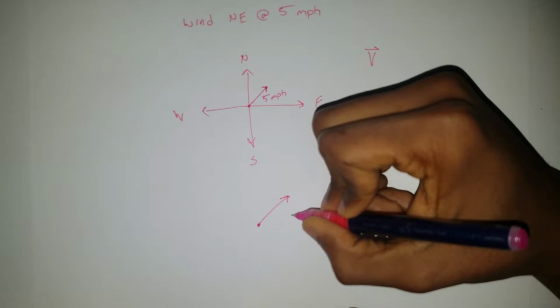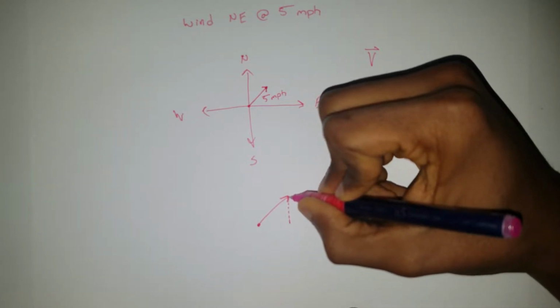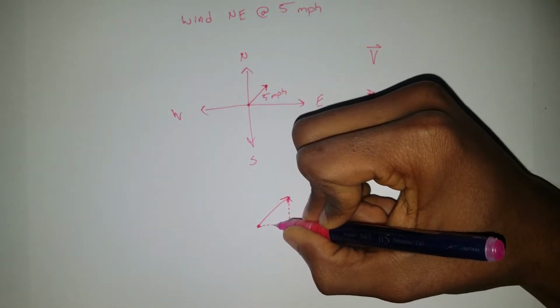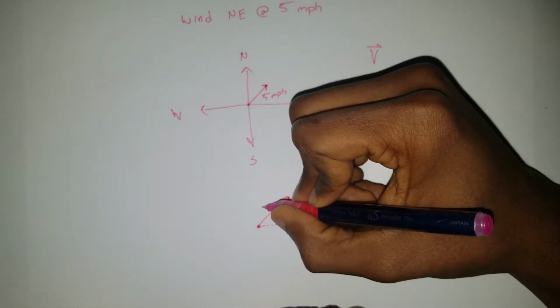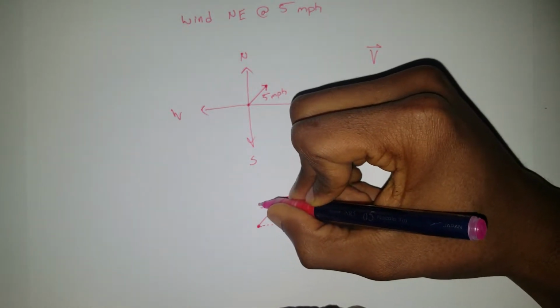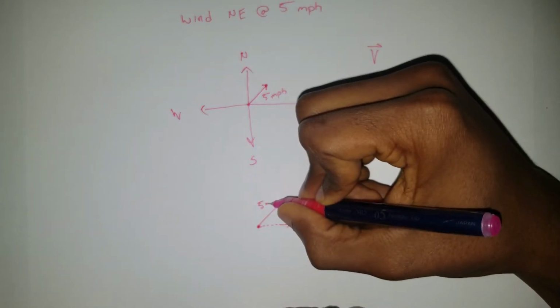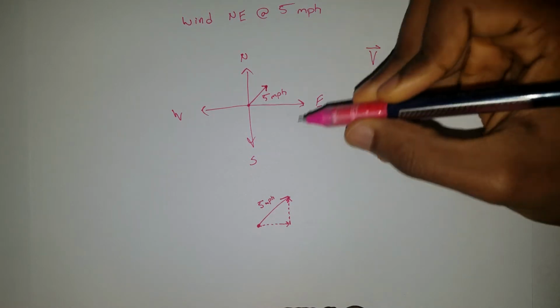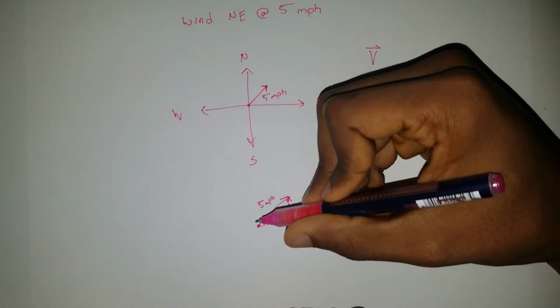So we have a northerly component going straight up, and an eastward component this way. And we know that it's going at 5 miles per hour in the northeast. But say I want to know the wind speed just in the north, or the wind speed just in the east.